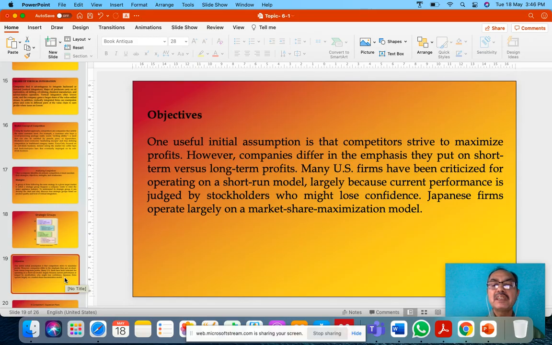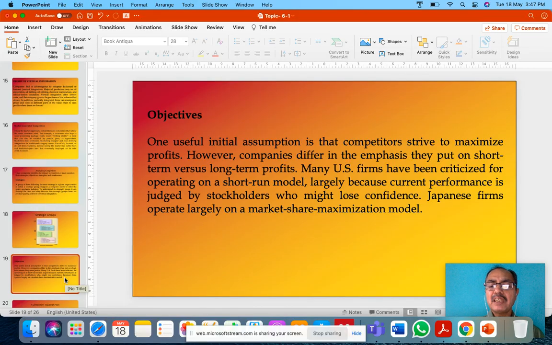Then based on the objectives also we can analyze. Generally we used to believe that a business organization has the objective of profit maximization, but it is not always. Like Japanese companies focus on the market share maximization model.